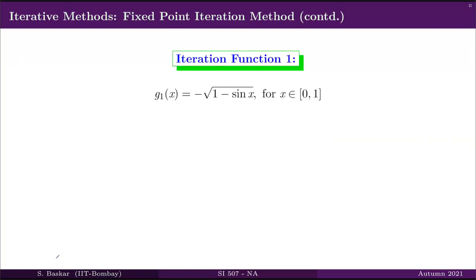Let's go with G1 and see whether it satisfies all our hypotheses of the convergence theorem. If you recall, G1 is taken as minus root 1 minus sine x, and we are interested in the interval 0 to 1. Let us see whether it is a self map. This is the first and foremost condition that we would like to impose on our iterative function. Well, you can clearly see that it is not a self map because you have minus here.